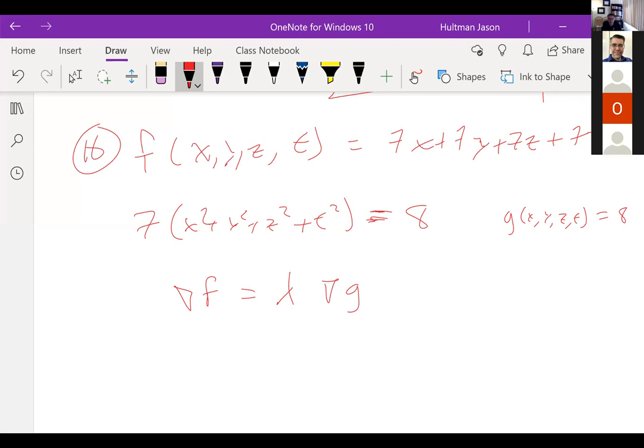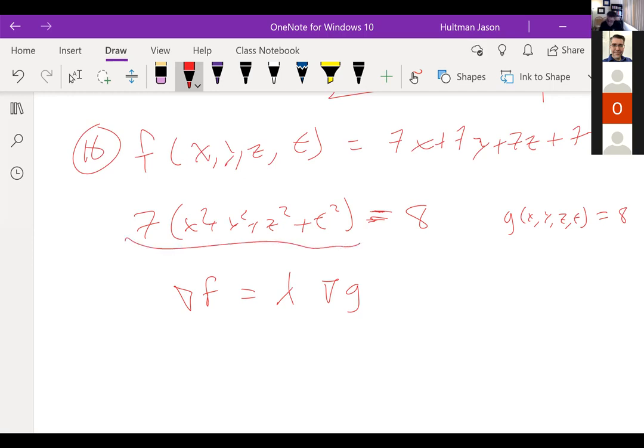It's called degrees of freedom in statistics, but this restricts 1 degree of freedom by putting an 8 there. It tells me this function is constrained by 8. So this thing is my g.